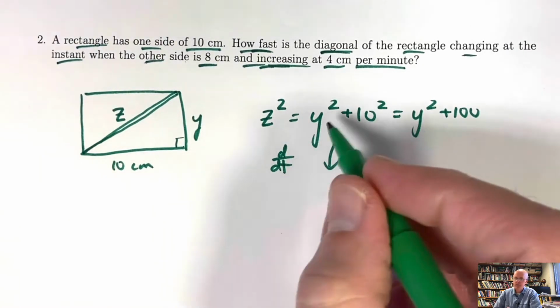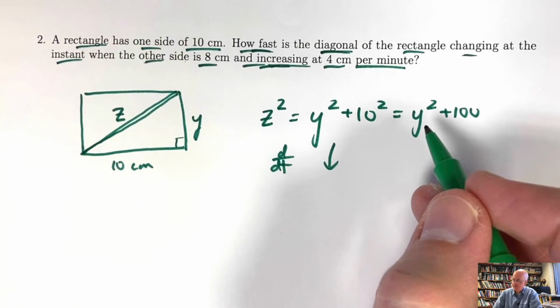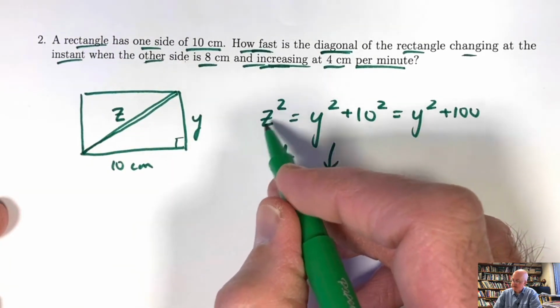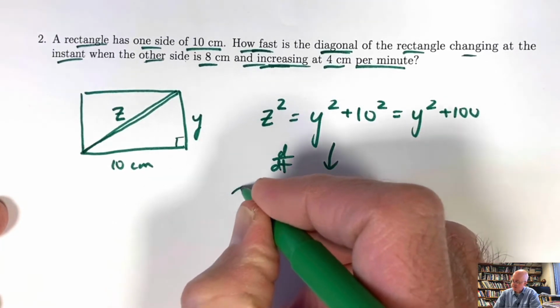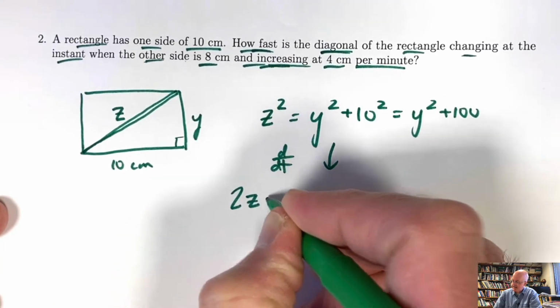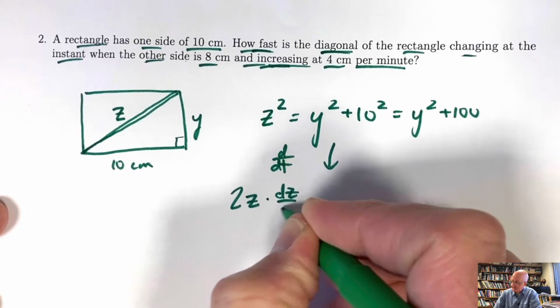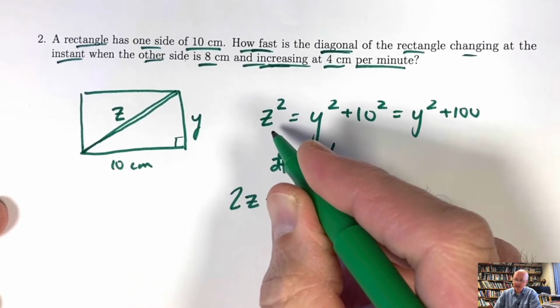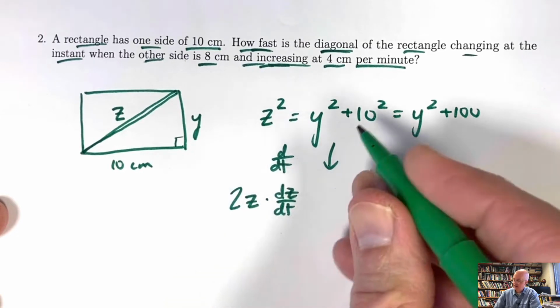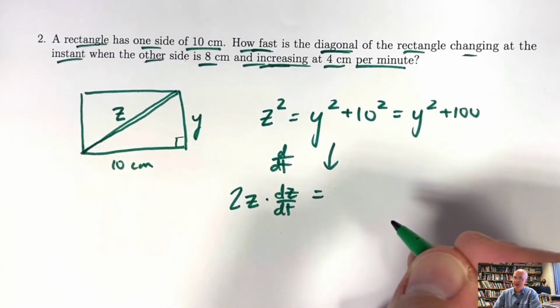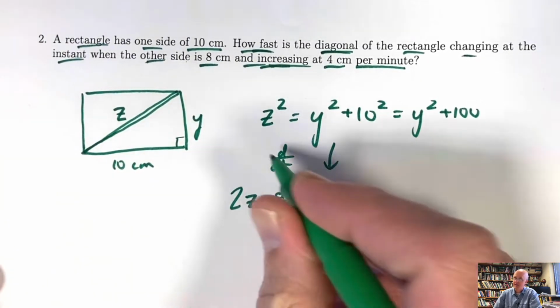When I differentiate these with respect to t, I don't get 0. Z is a function of t. It's the inside function in the expression z squared. The chain rule says the derivative of that will be 2z times dz dt. If it were z of t, I'd write 2 times z of t times z prime of t. These things are assumed to be functions of t, so I don't get 0.